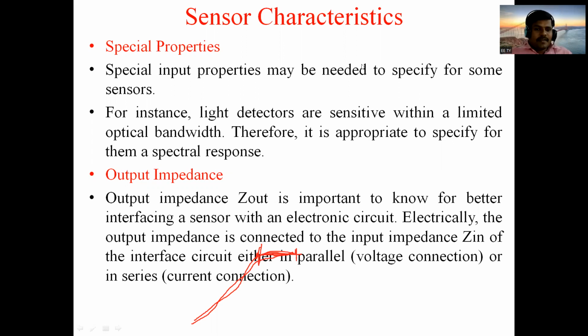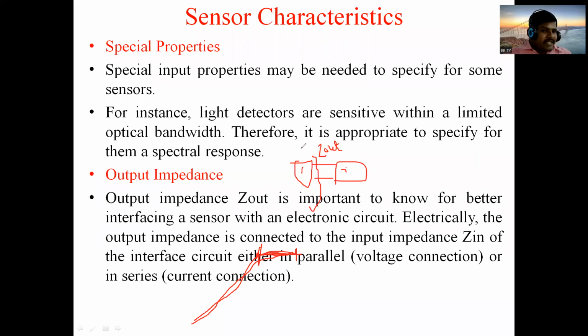Suppose this is the sensor output and this is the interface circuitry. Here the sensor output has some impedance, that is Z out.